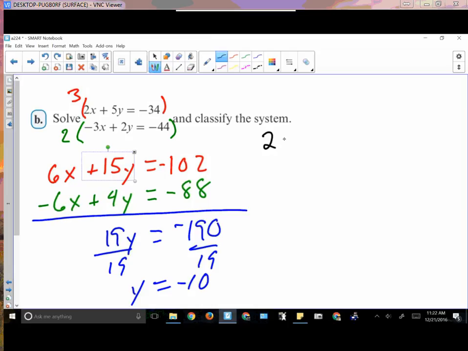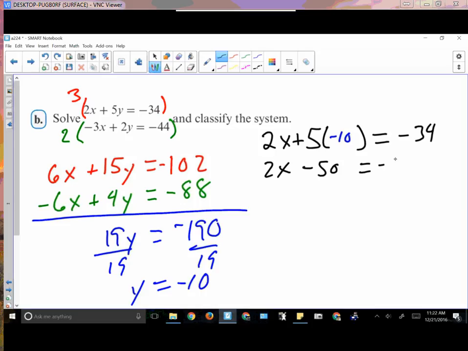So I'm going to take 2x plus 5 times whatever that is. It's equal to negative 34. I put in the negative 10. Now I go through and solve. 2x minus 50 is equal to negative 34.